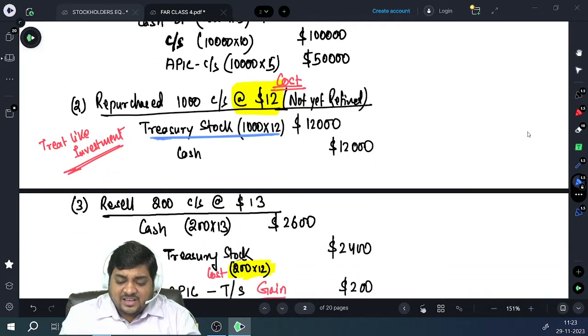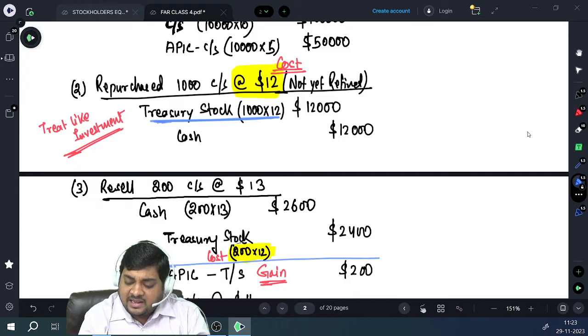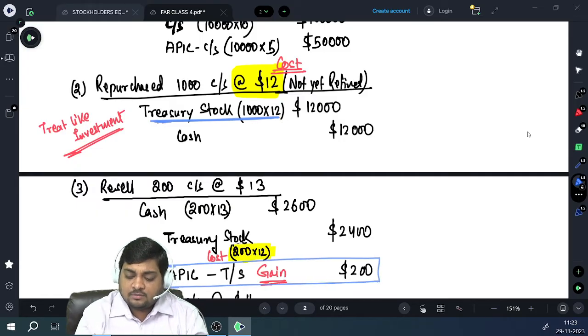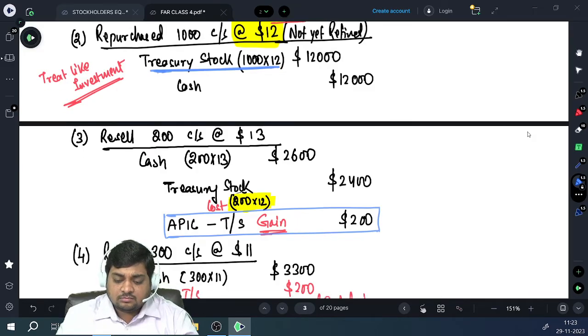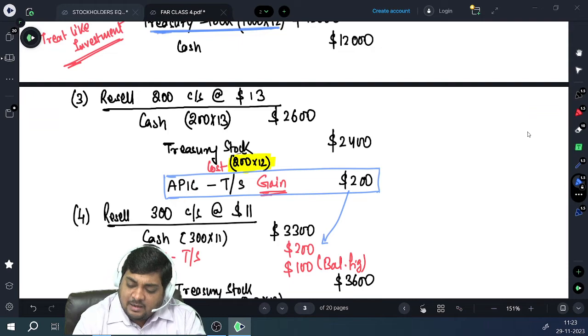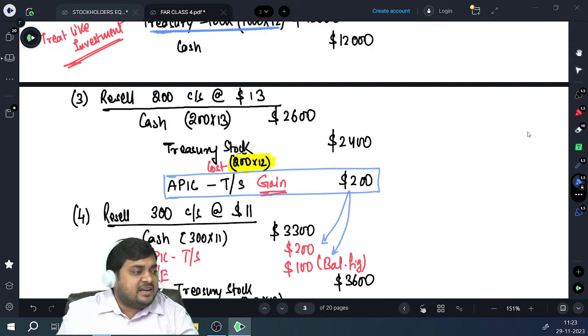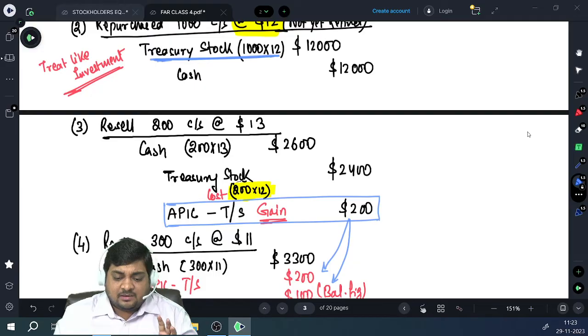If I am selling the investment at profit, the gain is getting credited to additional paid in capital, treasury stock. If I am selling it at loss, this gain is again getting debited, and the balancing figure, if any, retained earning is getting debited. This 2, 3, 4 of cost method is just like investment.